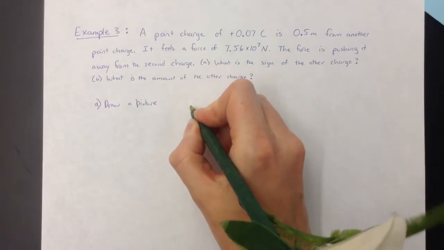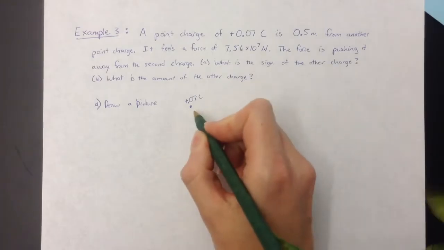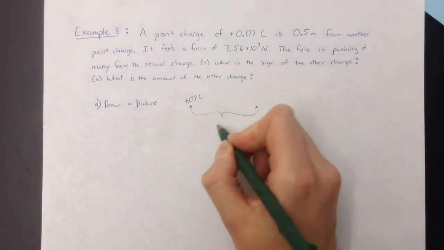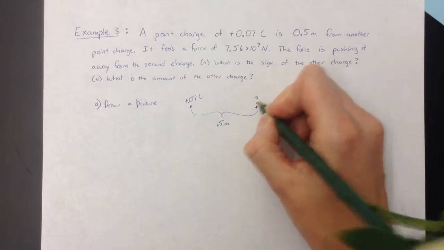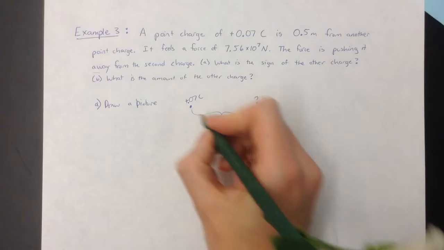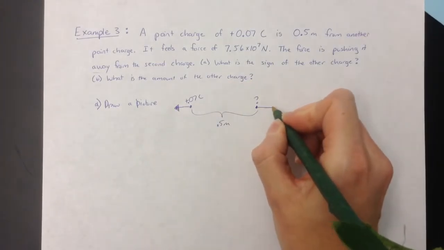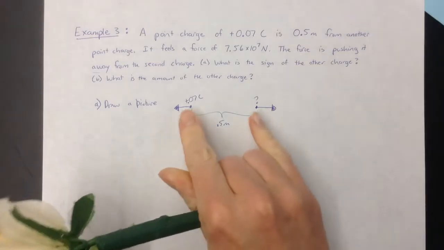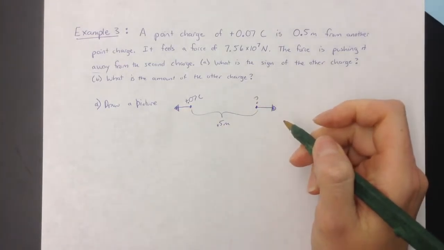So here's my point charge that is the plus 0.07 coulombs, and 0.5 meters away I have this other point charge that is of unknown value. Now it says here that it's pushing it away, which means the force is directed this way. Now if they're pushing like this, what sign does this one have to have?